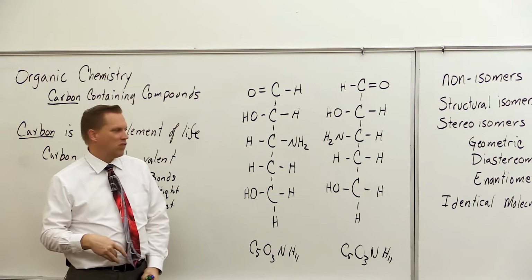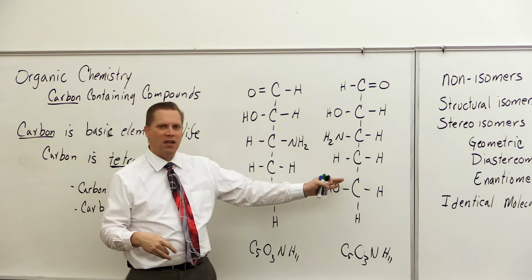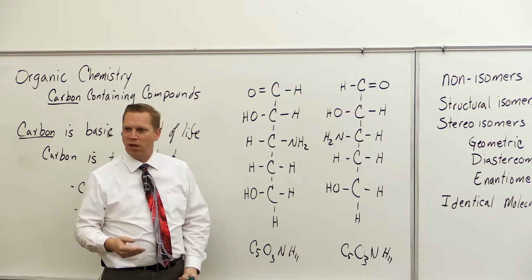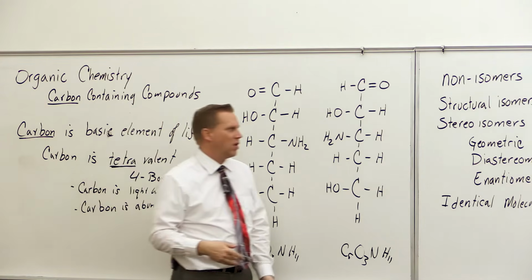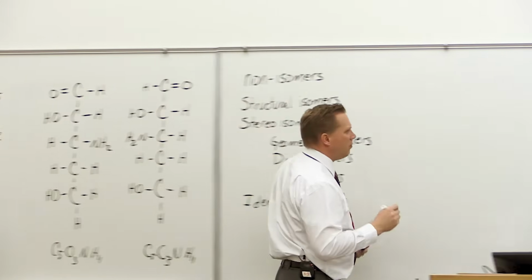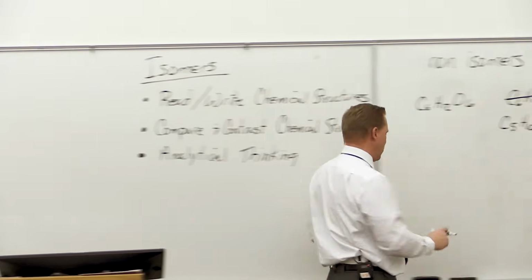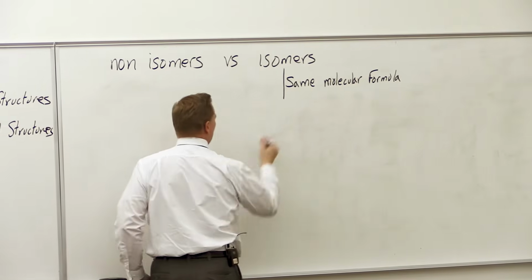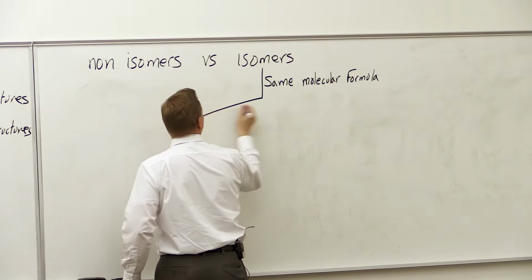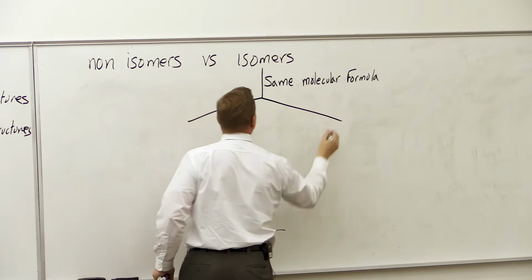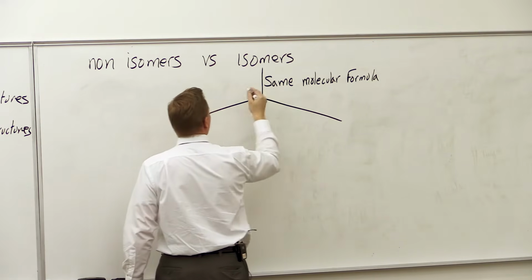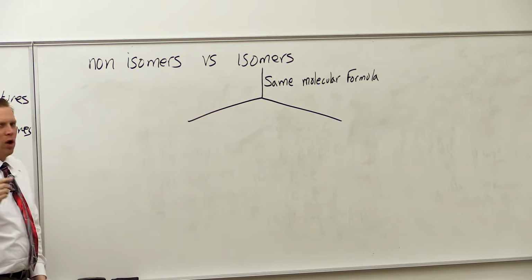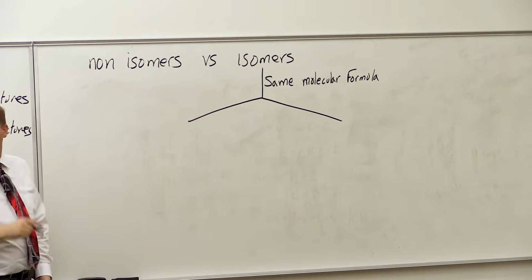So, the question I pose to you, are these then isomers? Well, they have the same molecular formula, so yes, they're isomers. Now, the next question we ask, so let's erase these. If they are isomers, all isomers will pair out into one of 2 groups.